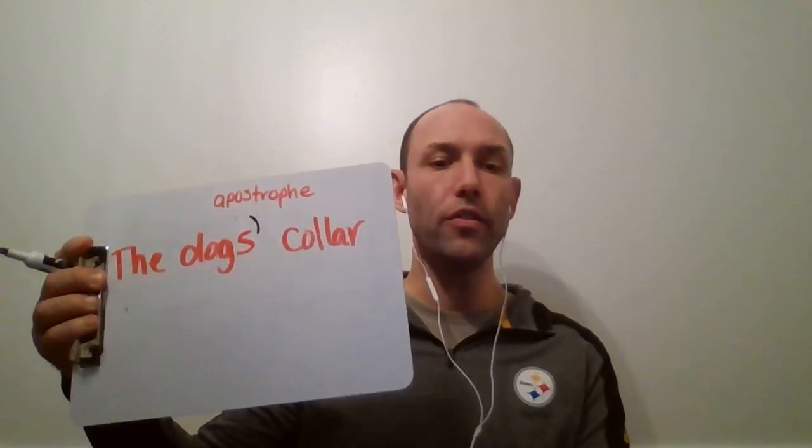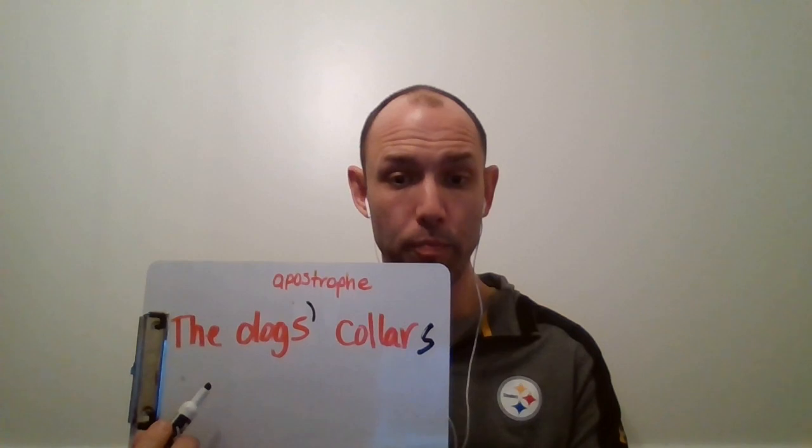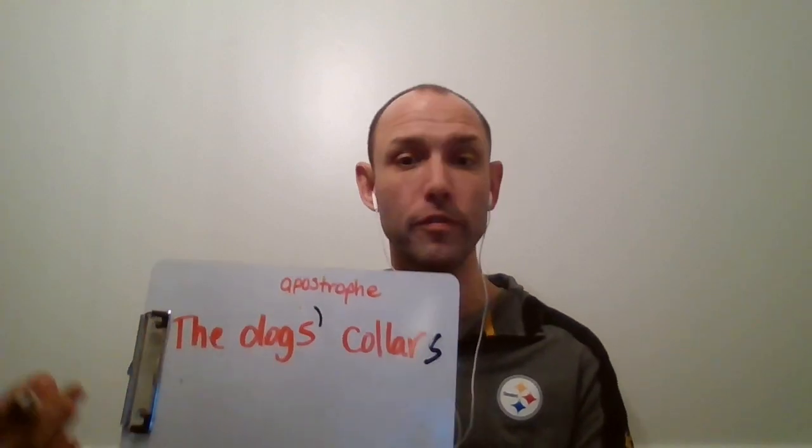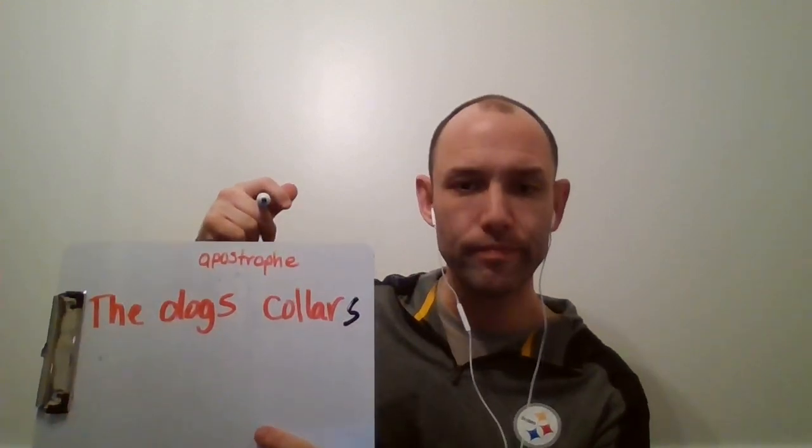Now let's talk about what happens when I do this. I wrote it again, the dogs' collars. Now, this is showing a possessive noun, or a possessive plural noun, I'm sorry, because if I get rid of that apostrophe, look at that.